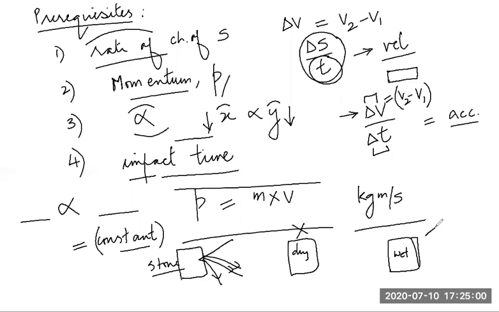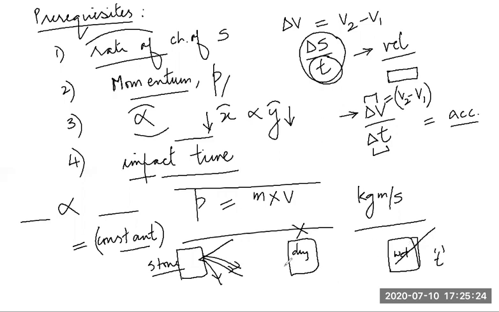When the bullet strikes, it will go inside the sandbag. It will not get deflected from the surface. Why? Because the bullet can penetrate inside. So here the impact time is more. This is the time when two things meet each other, in an accident or in a sudden impact.